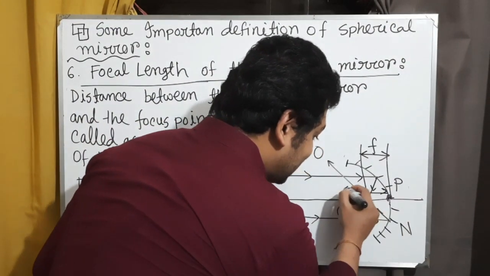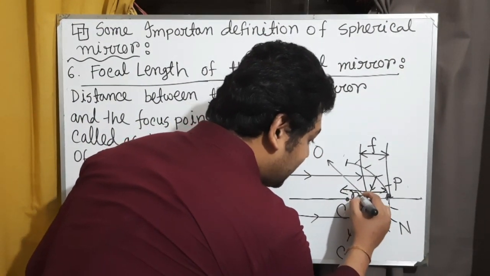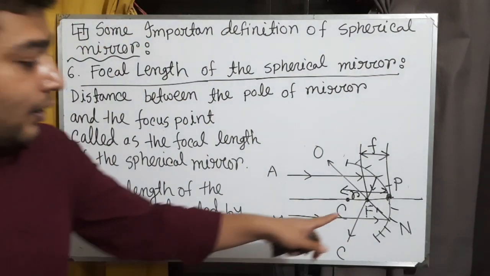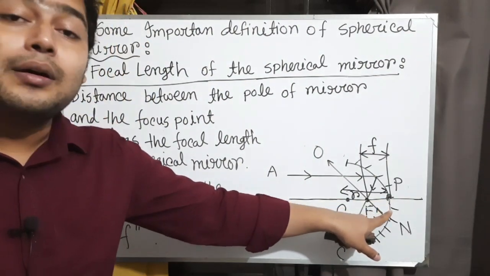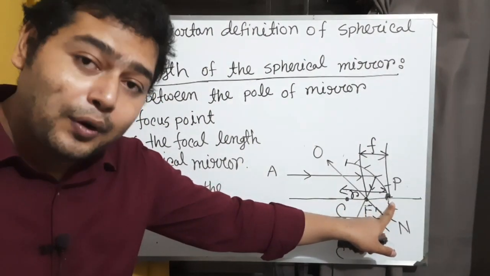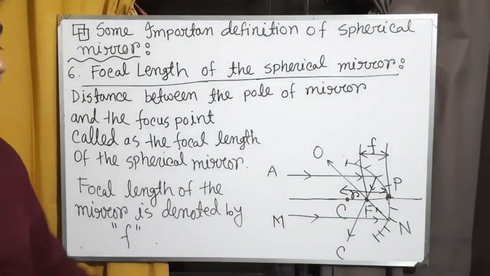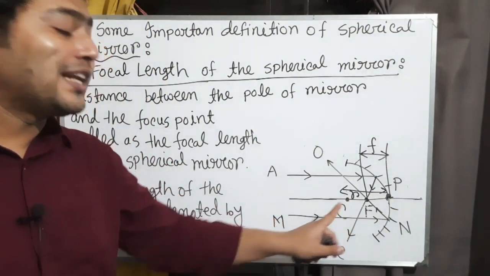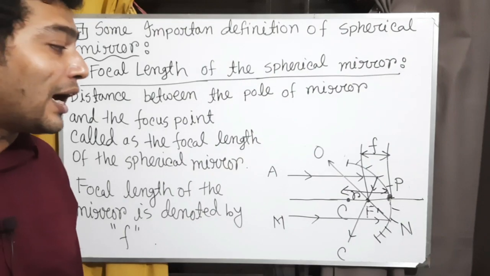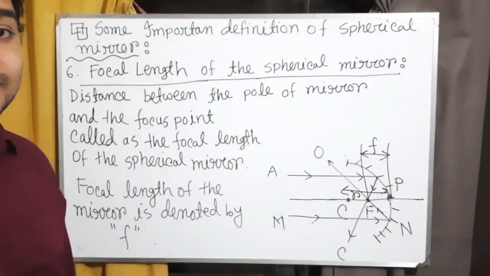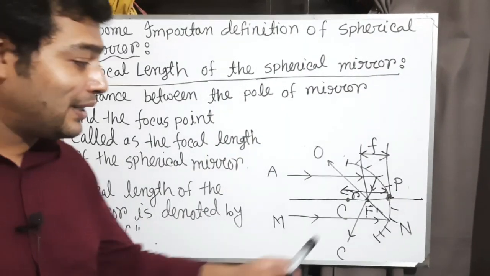The distance between the pole and the center of curvature is called the radius of curvature, denoted by r.